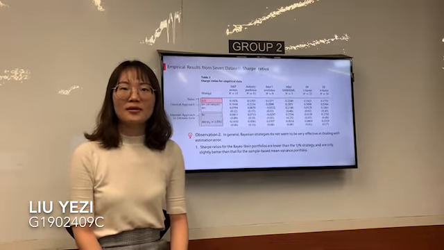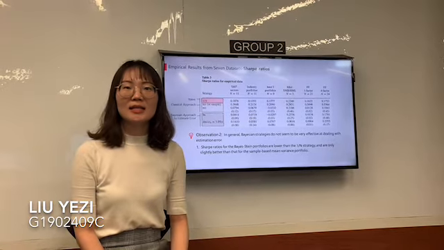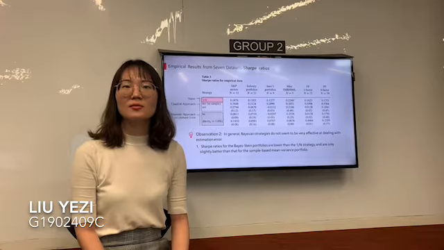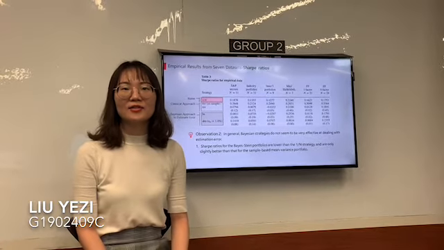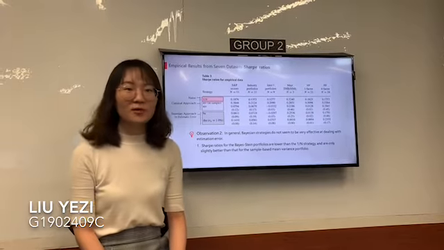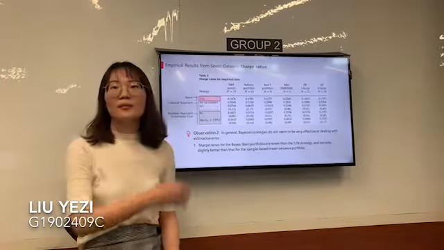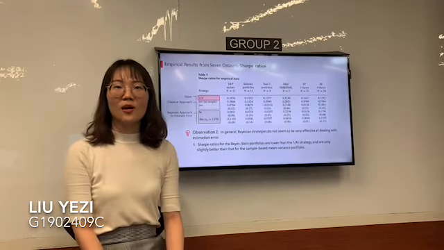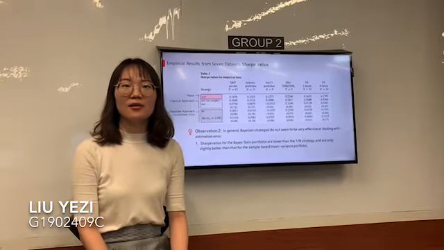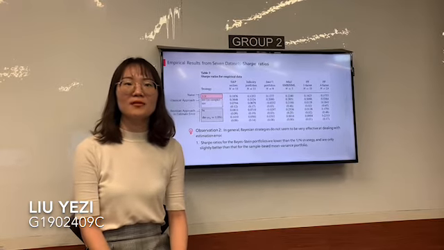Unfortunately, our second observation is that, in general, Bayesian strategies do not seem to be very effective at dealing with estimation error. As we can see from the table, Sharpe ratios for the Bayesian portfolios are lower than the 1/n strategy and are only slightly better than that for the sample-based mean variance portfolio.